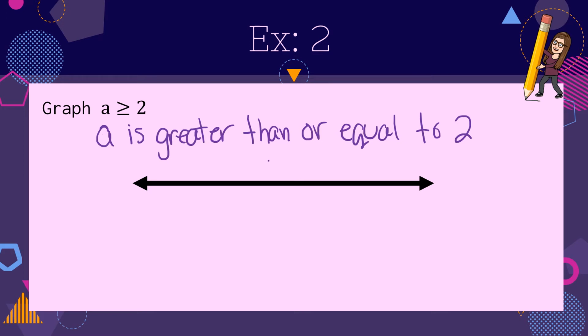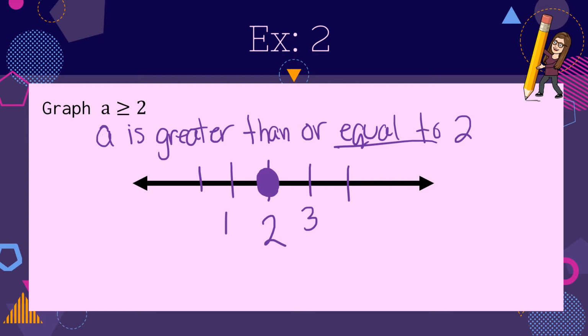So on your number line, let's draw a number 2 somewhere in the middle. Now, I like to see at least one number on each side. If there's more, that's fine. So on 2, I need to answer 2 questions. Am I going to have a solid or open dot? It says "or equal to," so that should be solid, and make it obviously solid, okay?